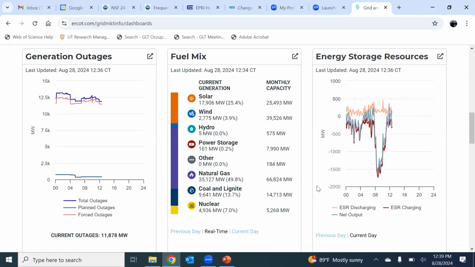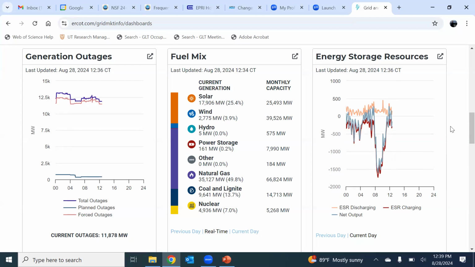You can see that mostly the batteries are charging because it's sunny. But then typically on a hot day in the summer, when you get to the 4 to 7 p.m. time range, those batteries will start discharging. The battery facility operators actually make quite a bit of money from doing that. So there are ways of doing that.